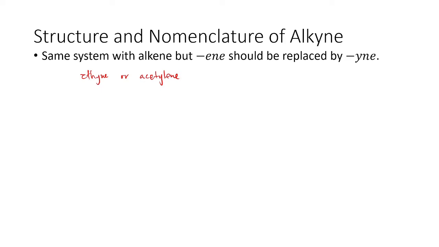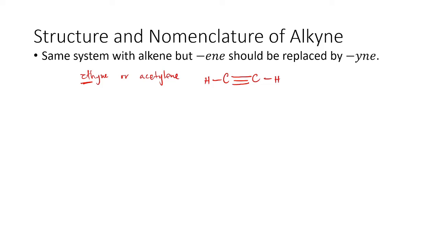It is actually used in blowtorches or in welding. It has a structure that looks like this. By being "eth", we have two carbon atoms, and those two carbon atoms have a triple bond, and we have here our hydrogens. That is the simplest member of the alkyne family.